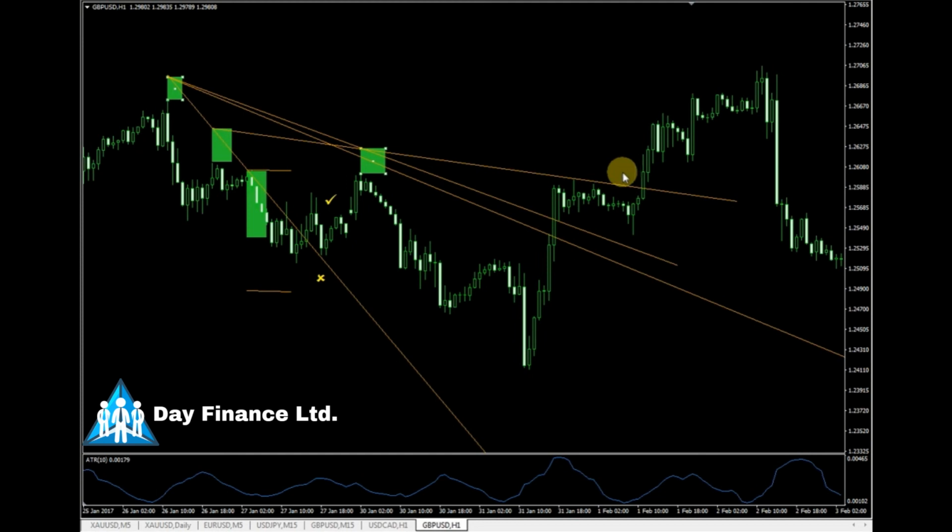So in this case, I would miss this one because actually I can buy here with the stop loss. Yeah, that would be nice. Even my third target will be true.